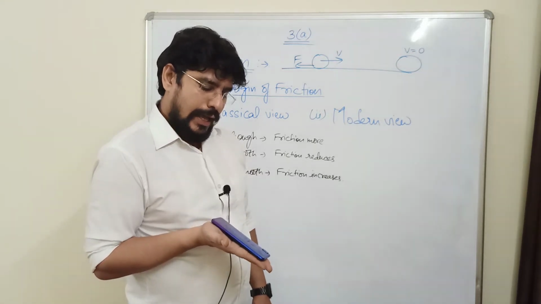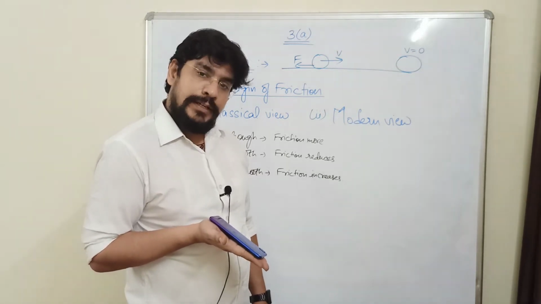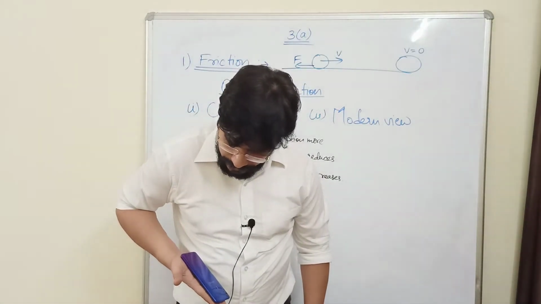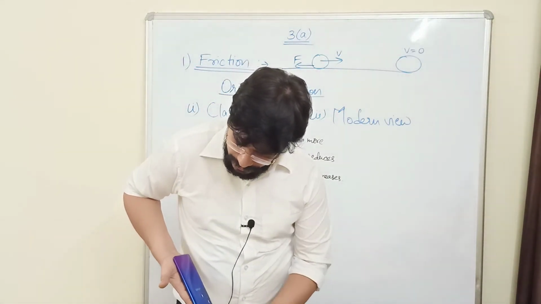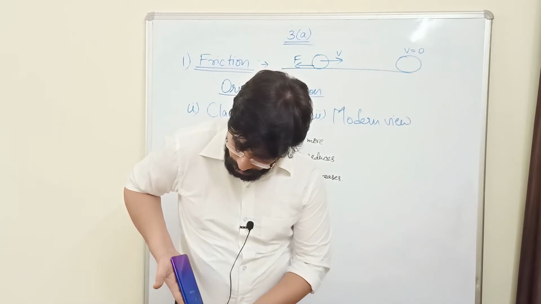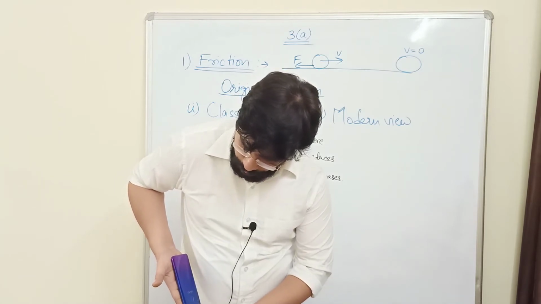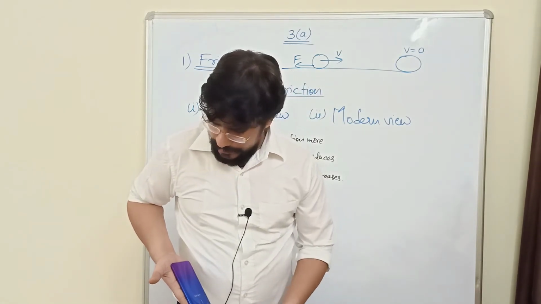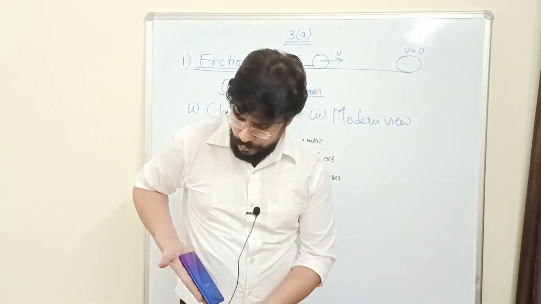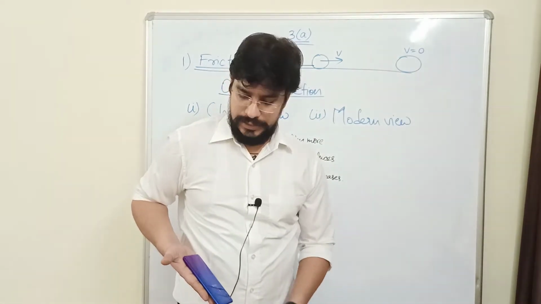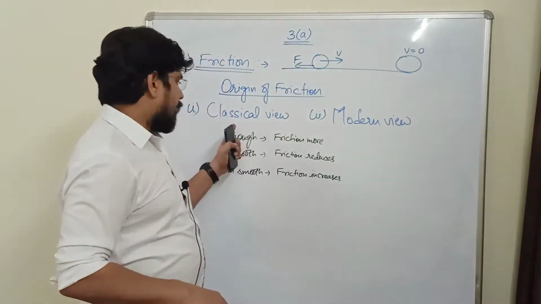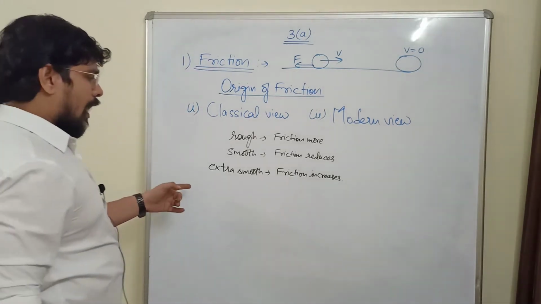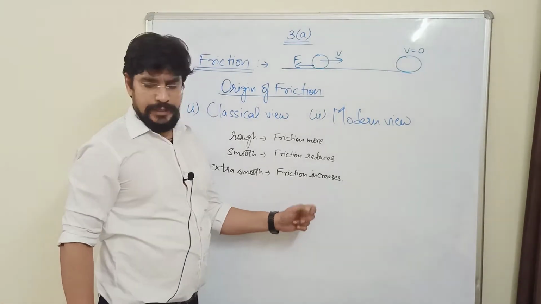With an increase in angle, the component of gravity will increase and the mobile must go down. But you can observe that up to a very good angle, almost vertical, only then does the mobile slide down. So what is happening? With an extra smooth surface, friction is increasing. So the classical view cannot explain how friction can be increased with an extra smooth surface.